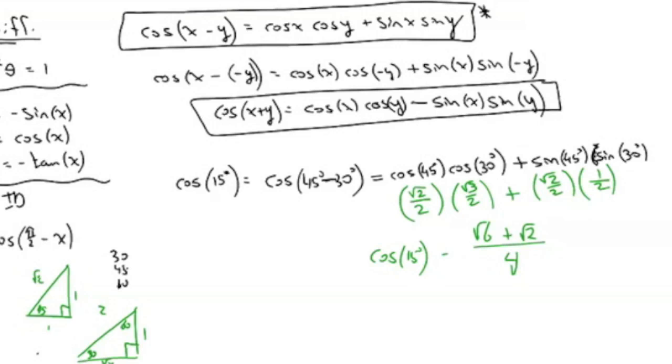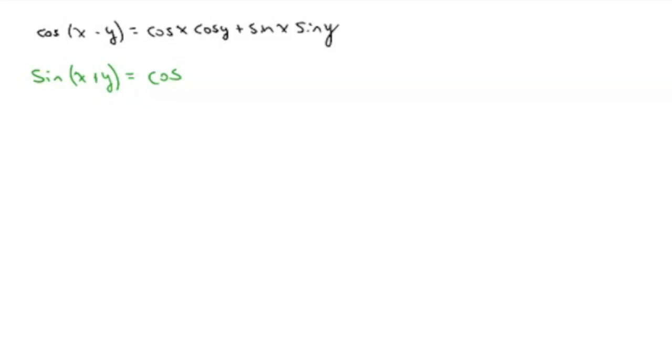All right, let's create another identity out of this. So if I have cosine of x minus y is equal to cosine of x, cosine of y, plus sine of x, sine of y, I'm going to manipulate this thing to sine of x plus y. I can write this as cosine as long as I put a pi over 2 minus that angle, because they're cofunctions. This is the acute angles of a triangle.